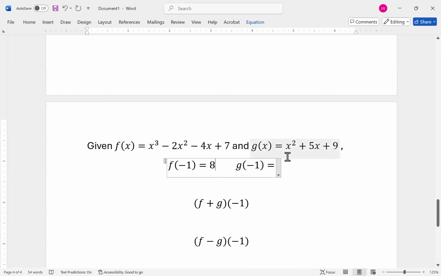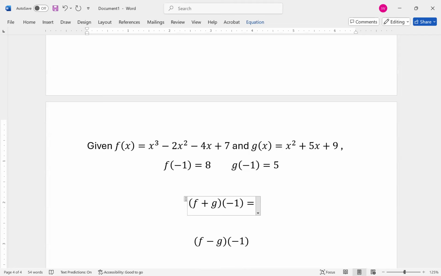When I plug in -1 into g, I get -1 squared plus 5 times -1 plus 9. And that is a 5. By the way, obviously you don't always get 8 and 5. And I think this is pretty easy to do.